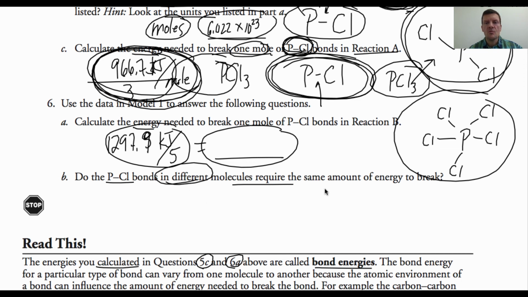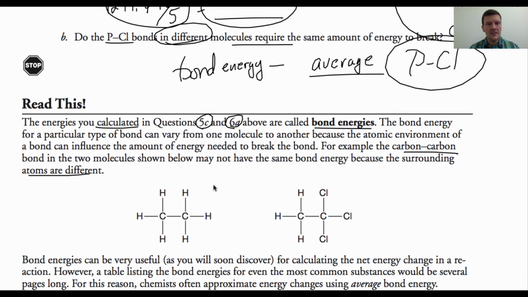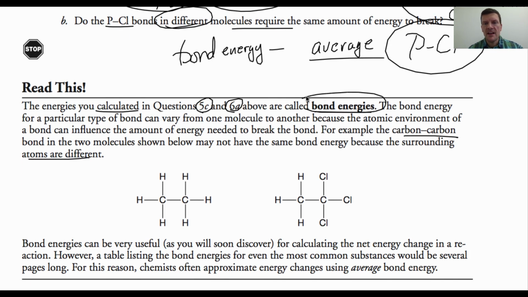They're close. And so when we talk about bond energy for phosphorus and chlorine, it's really an average. So it's not exactly the bond energy for a particular molecule, like in PCl3 or PCl5, because they differ a little bit, but it's more of an average of all of the possible different bonds in molecules using phosphorus and chlorine.